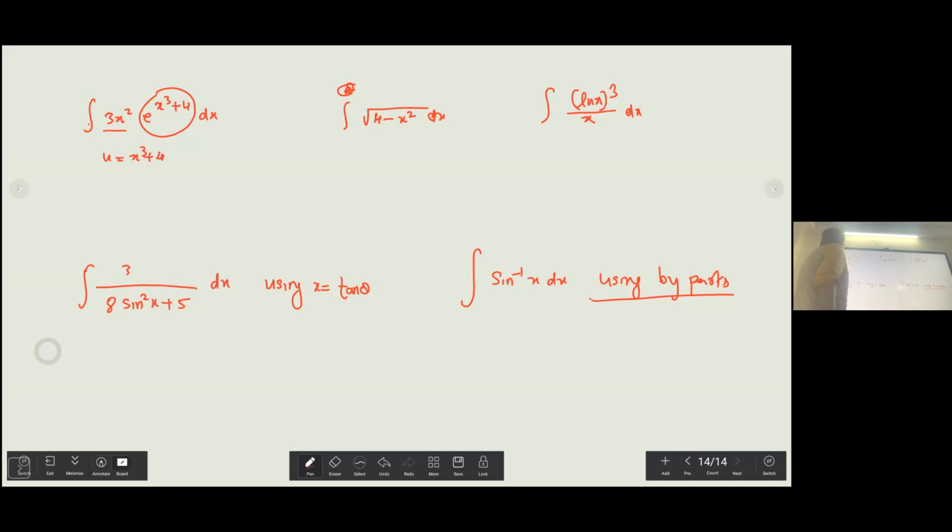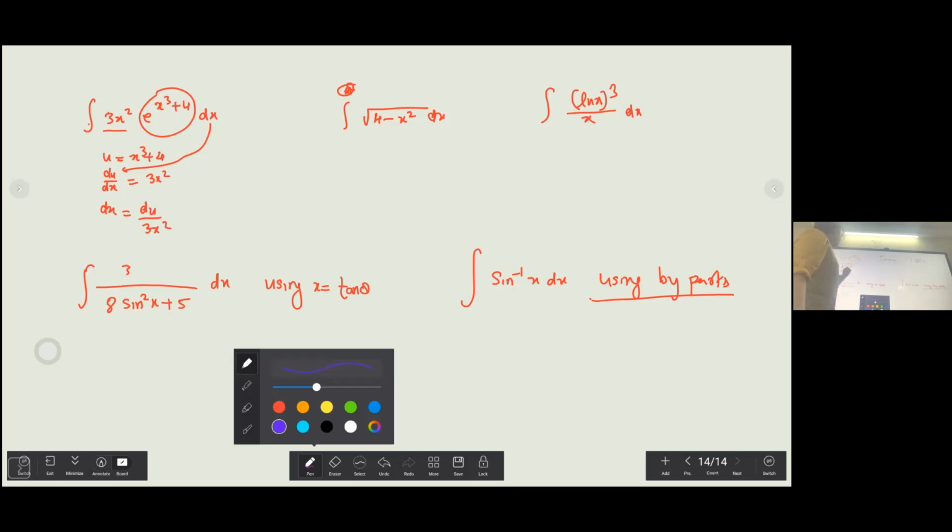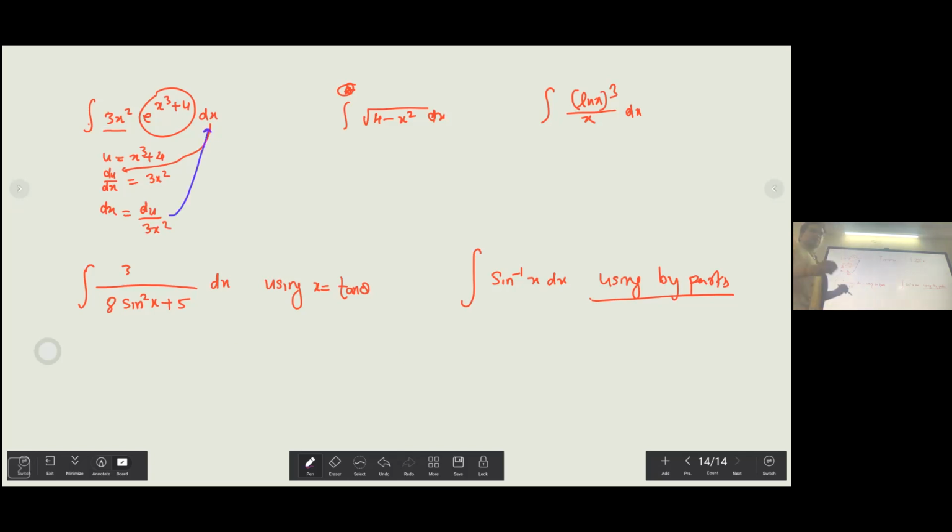Similarly, after this you need to get rid of this dx. So firstly, I'm going to do du by dx, which is 3x squared. Now make dx the subject, which is du upon 3x squared. In place of dx, you're going to put du upon 3x squared.